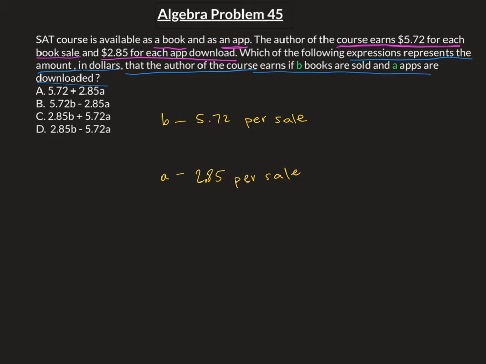The question is, which of the following represents the amount in dollars that the author of the course earns if B books are sold and A apps are downloaded? So B would just represent the number of books, and A would represent the number of apps.